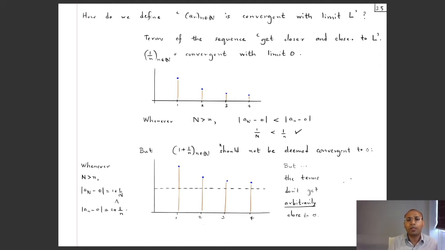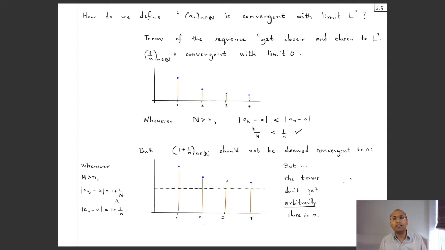More mathematically, whenever you take an index which is larger than some other index, then the distance of that larger index term to the limit, in this case 0, is less than the distance of the earlier terms to 0.